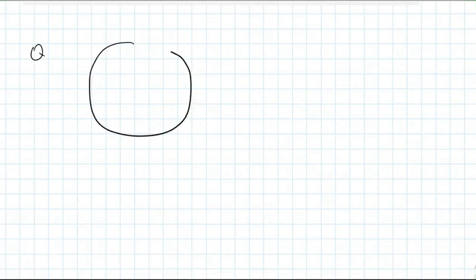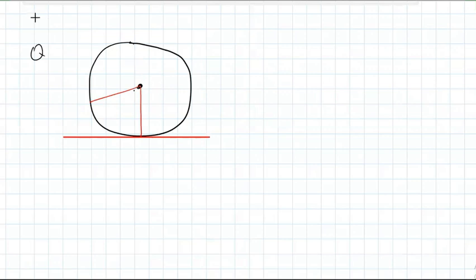So if I give you a question based on this, let's see what kind of question will appear over there, okay? Let's say this is a circle I have, right? And out here, this is my center of the circle. Then the scenario is that this is my tangent out there, right?